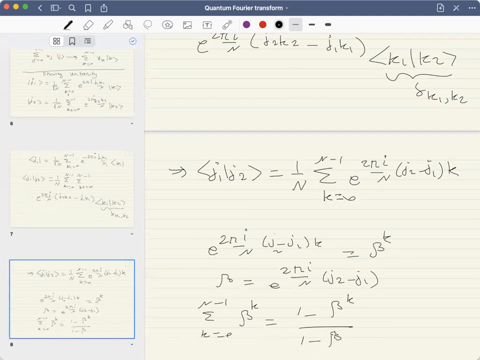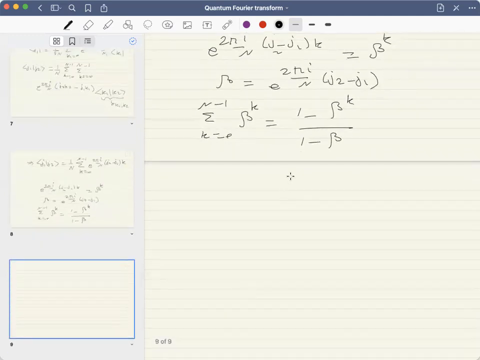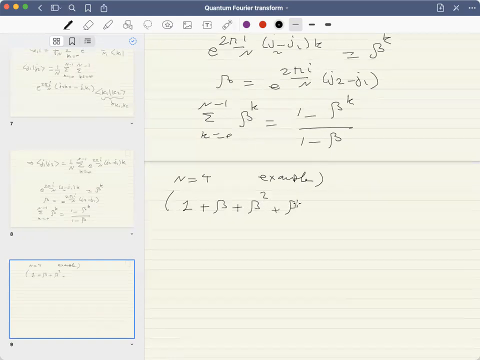One easy way to verify this is to just multiply both sides by 1 minus beta. And from this, we'll see that. So let's do an example for N equal 4. If I have k equals 0, it gives me 1 plus beta plus beta squared plus beta cubed. That's N minus 1. So this times 1 minus beta, I'm going to get all of the terms minus.